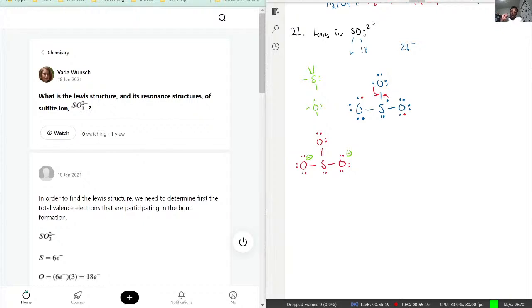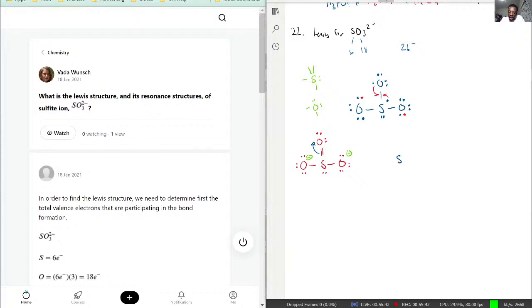Now, for these resonance structures, there are a lot of ways I can draw this. This will just be one example. I could have moved the double bond out to the oxygen. It doesn't really favor the sulfur, but funny enough, the sulfur now follows the octet rule because of its lone pair.